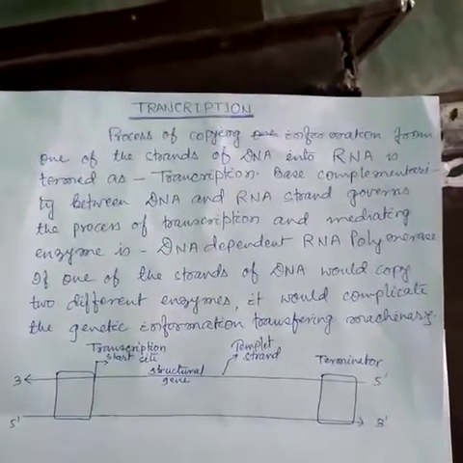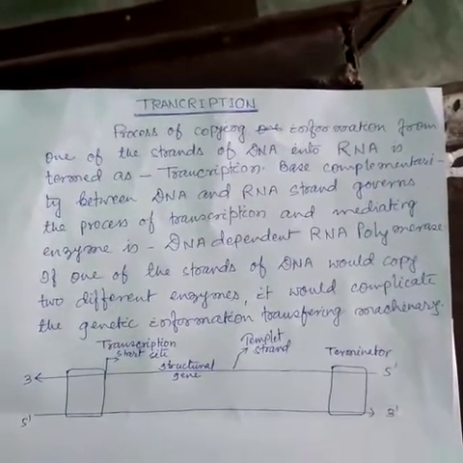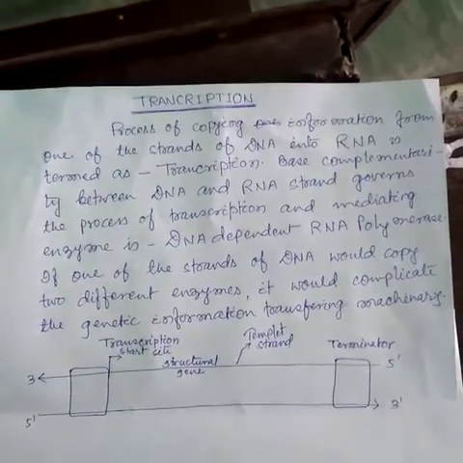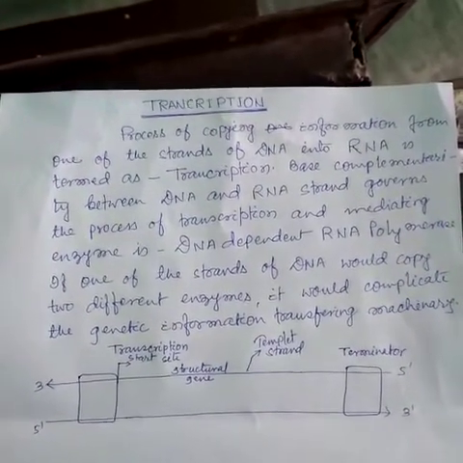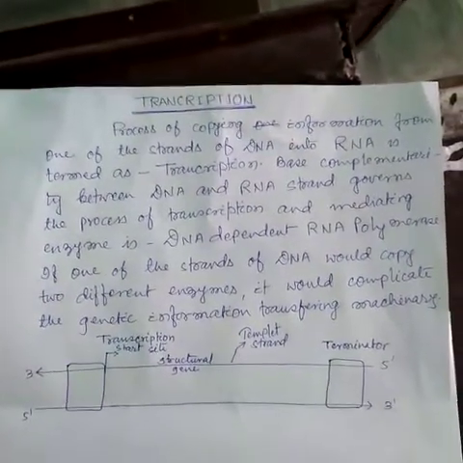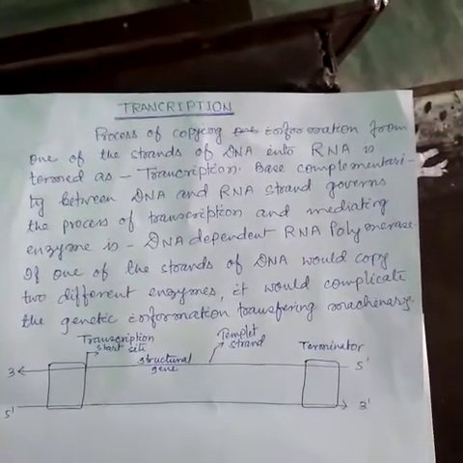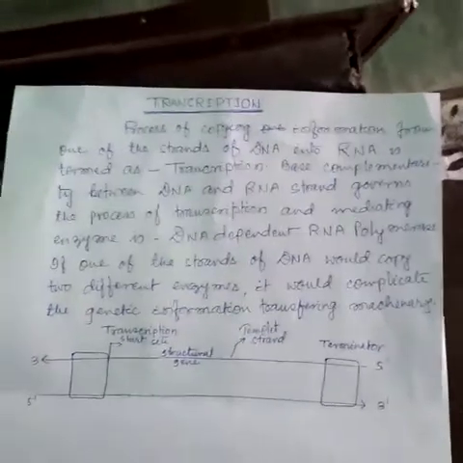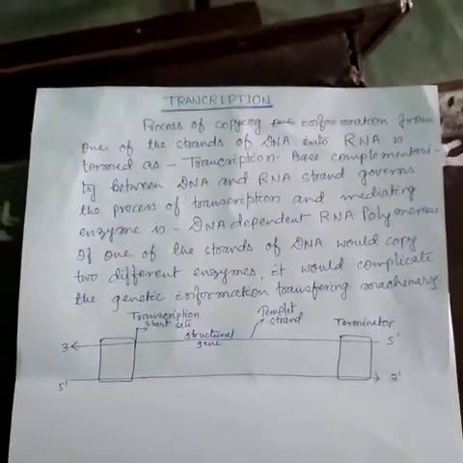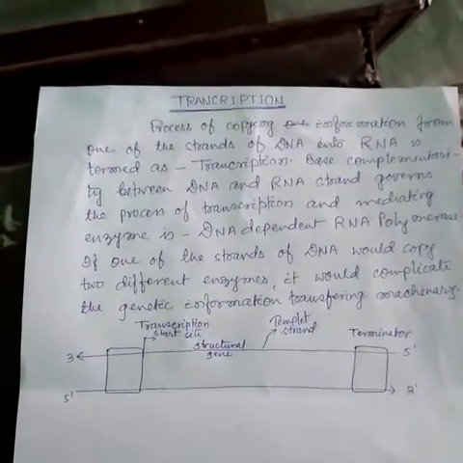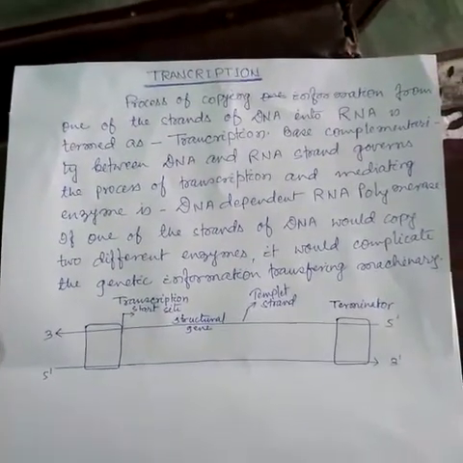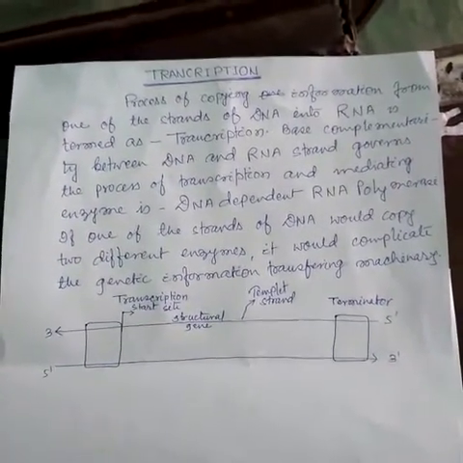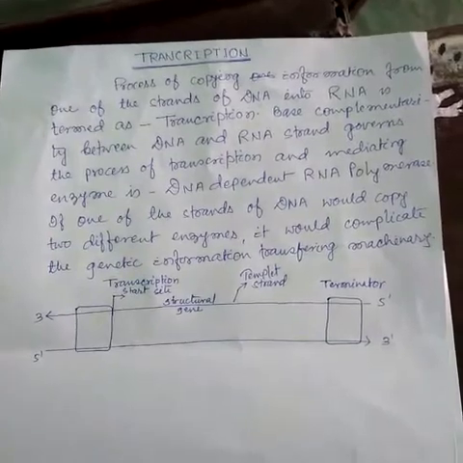Base complementarity between the DNA and RNA strand governs the process of transcription, and the mediating enzyme is DNA dependent RNA polymerase. If both strands of DNA were copied, it would produce two different RNAs, which would complicate the genetic information transferring machinery.